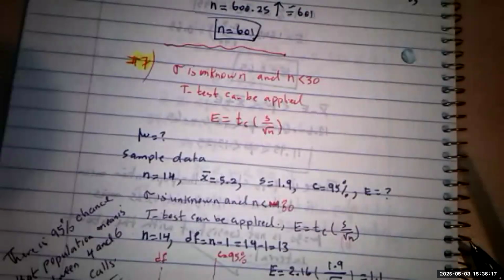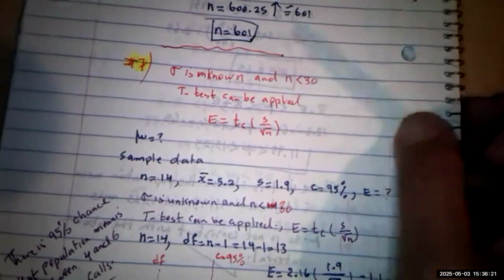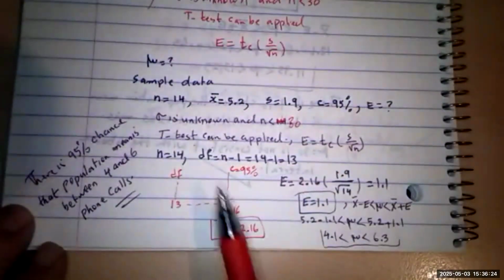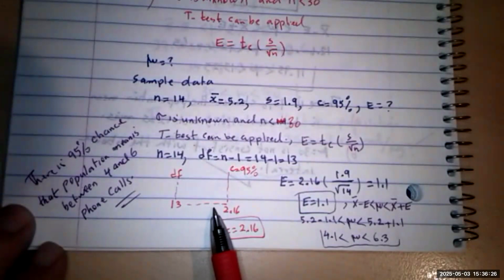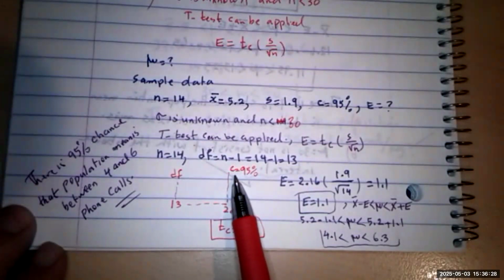That's everything, and the only thing you need. So for degree of freedom of 13, you move across and compare it with the 95% on the top. That gives 2.16. So that's t_c.